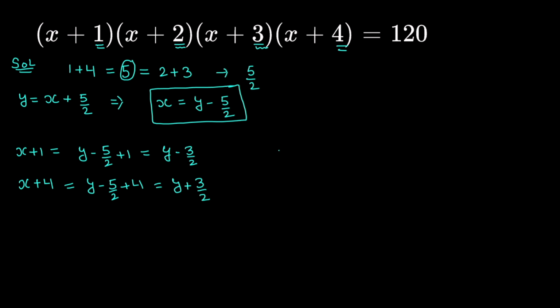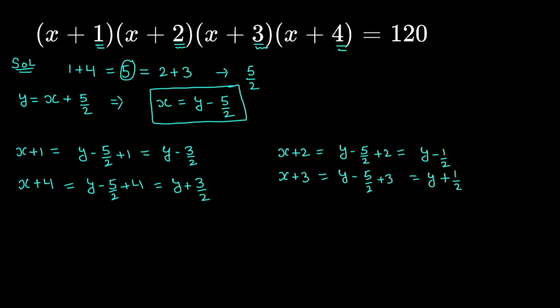Now again we find the value of x plus 2, which is equal to y minus 5 by 2 plus 2, and we get y minus 1 by 2. And now we find x plus 3. So we add here 3 and we get y plus 1 by 2.